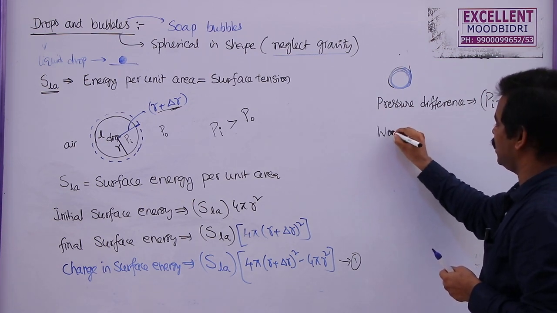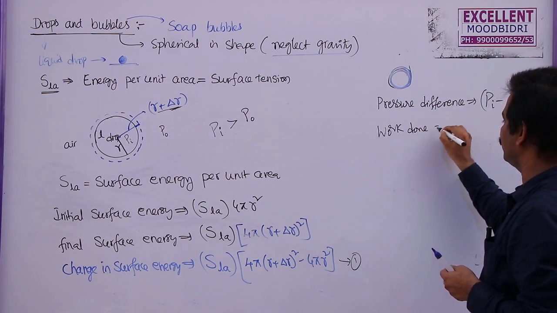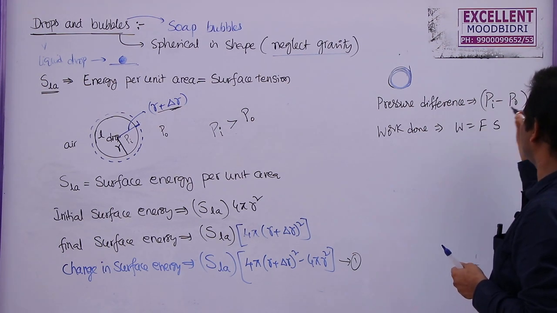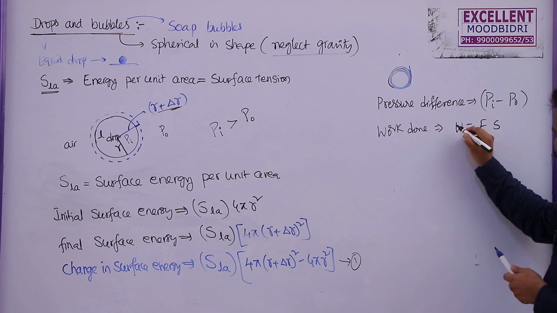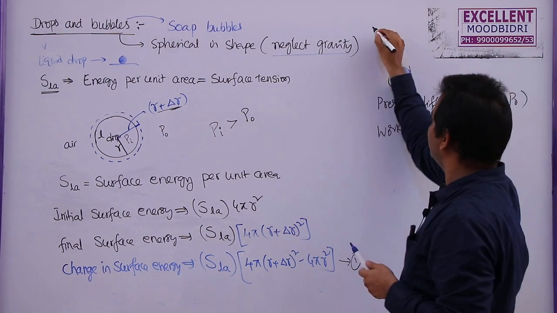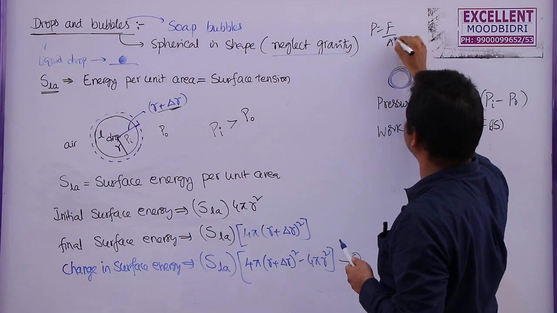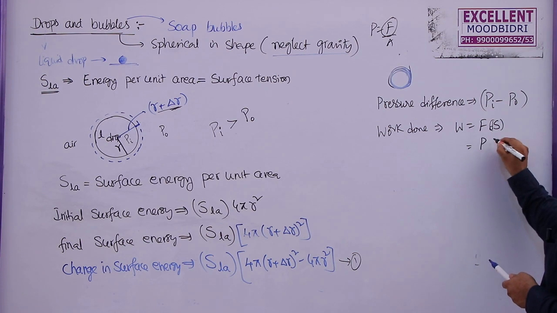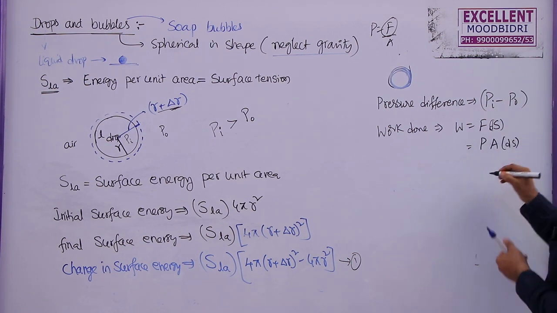Work done W is equal to force into displacement, for a small work done, force into a small displacement. But pressure is equal to force by area, so force can be written as pressure into area. So this can be written as pressure into area into ds.